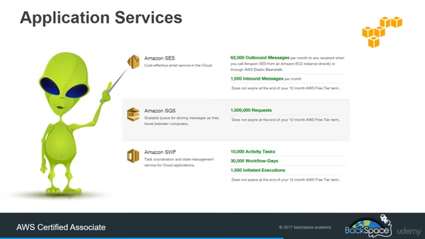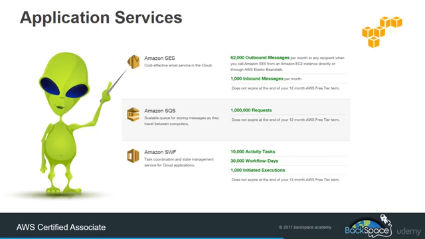The application services operate a little bit differently on the AWS free tier in that they don't expire at the end of that 12-month period. So the services we're looking at here, SES, SQS and SWF, that we'll be using within this course, won't expire after the 12-month free tier.